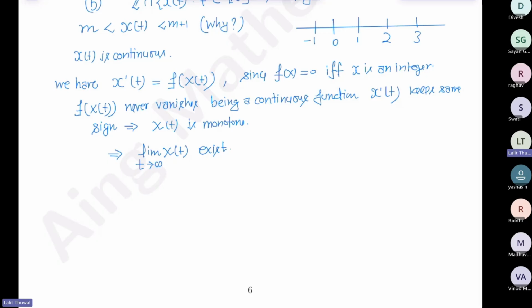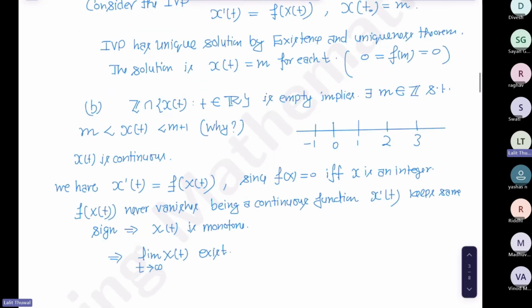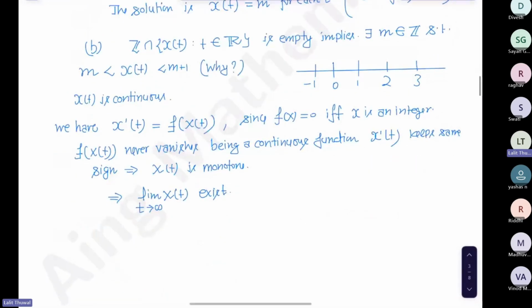Yes, because monotone functions have limits. Exists means that it exists even if infinite. But by the way, sorry, it is not infinity. It exists because we have this case, because it is between two integers. So this exists in R.